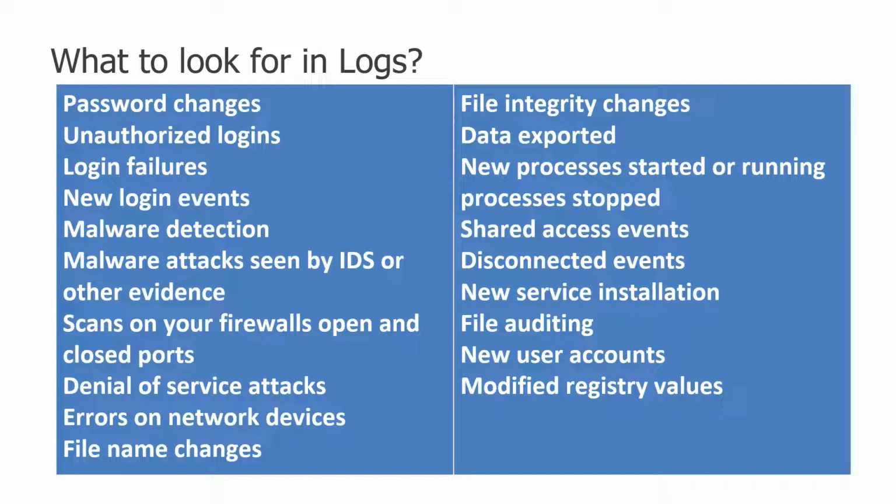Look for logs where firewalls were scanned and ports opened and closed, DDoS attacks, errors on network devices, file name changes, file integrity changes, data exported, new processes started or running, processes stopped, share access events, and many more. So it depends on what you want to search for in the logs.